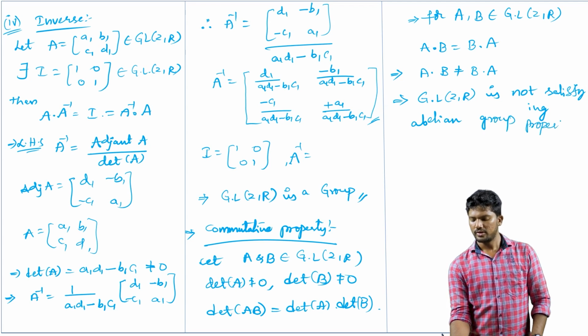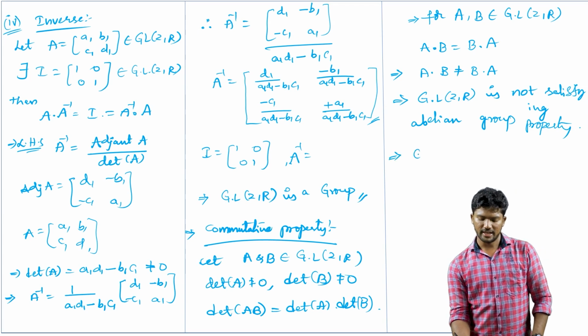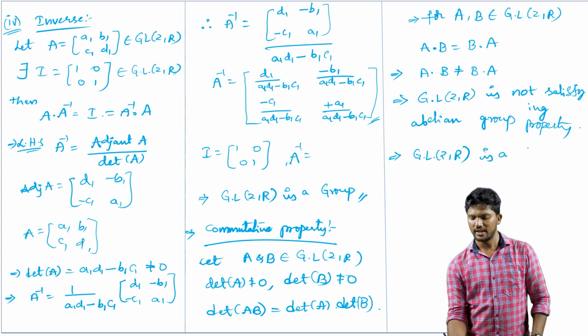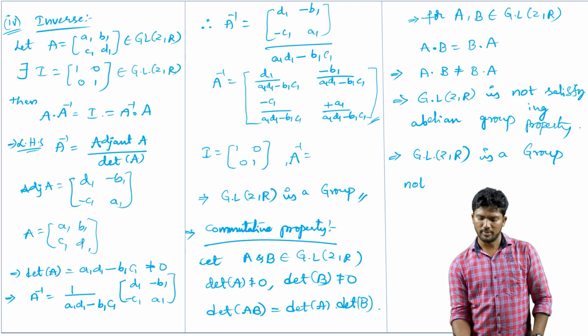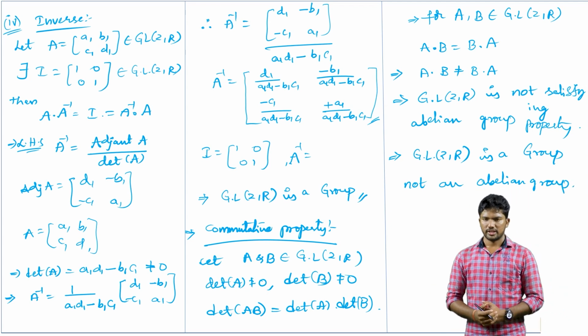So finally we can conclude that the general linear group of 2 by 2 matrices over real numbers is a group, but not an abelian group. This is the explanation. Thank you.